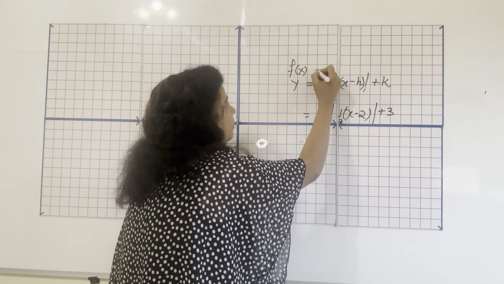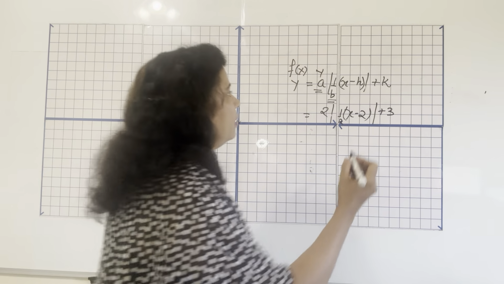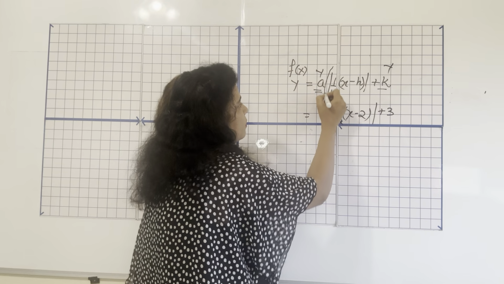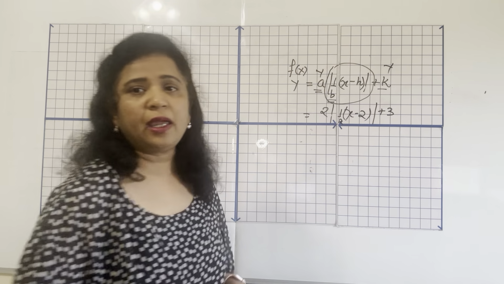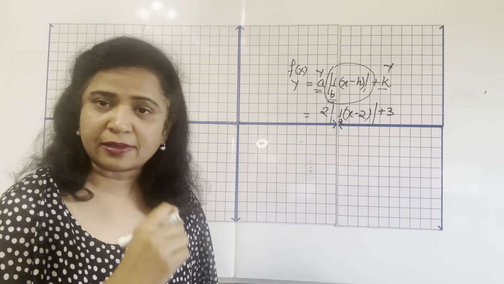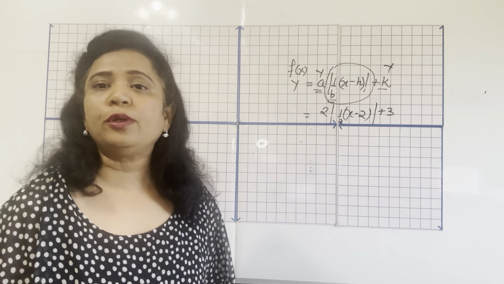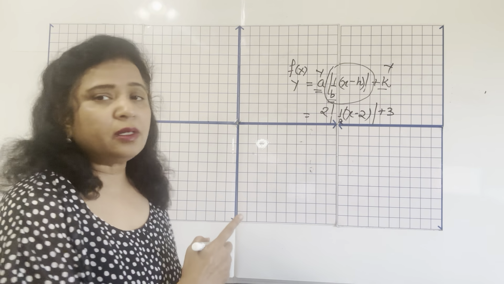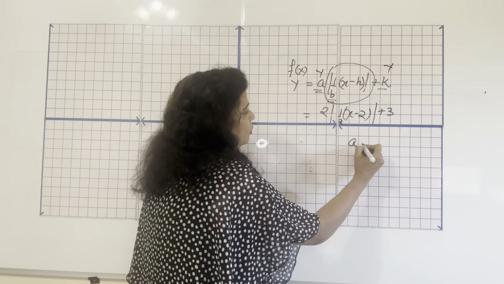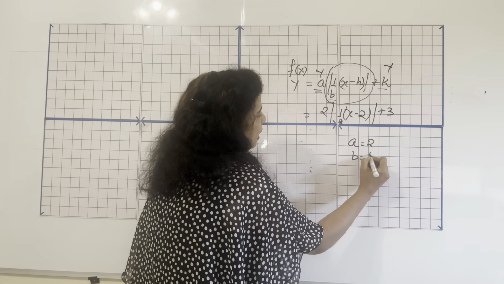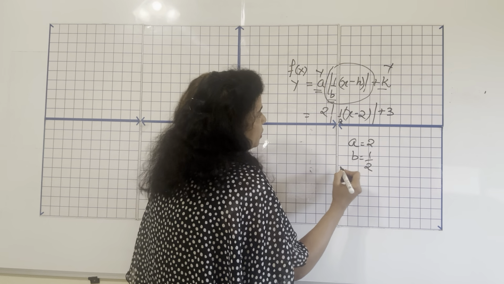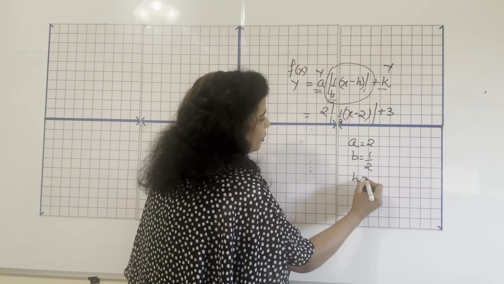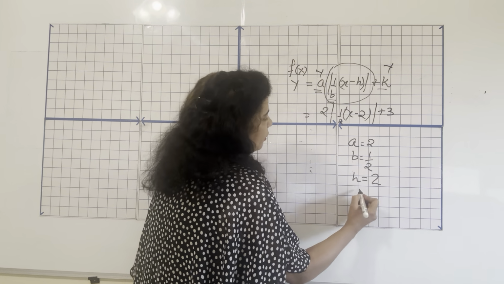So this a represents your change in y, your k represents change in your y, but this 1 over b times (x minus h) represents your change in x. So that means you are going to do the opposite of whatever is written there. So 2 is written as a. In this one, a is 2, b is a half, h is 2 and k is 3.